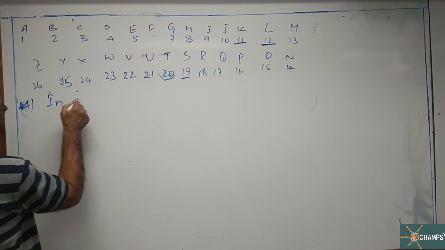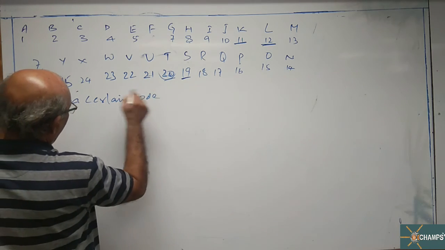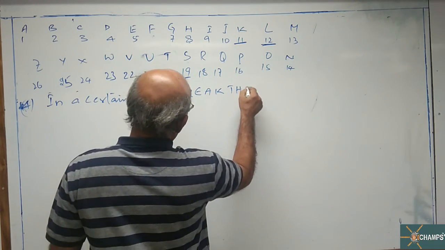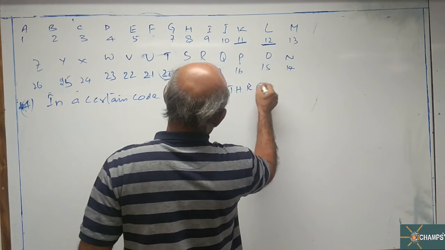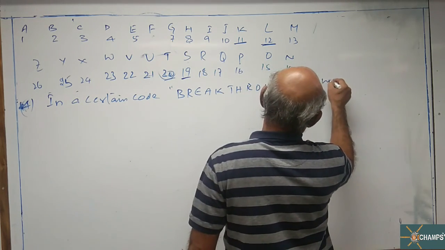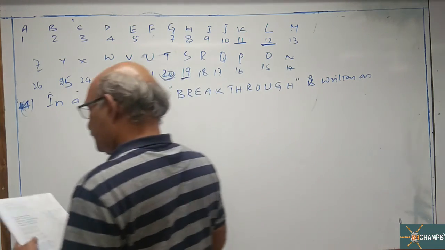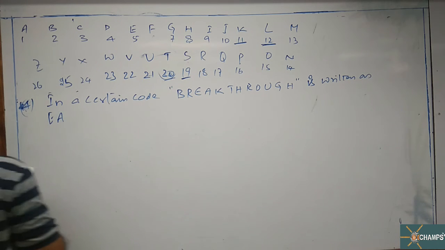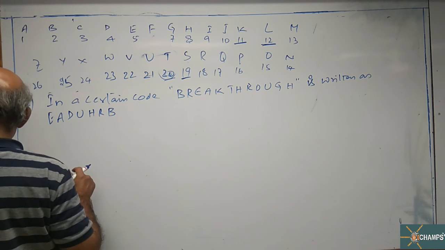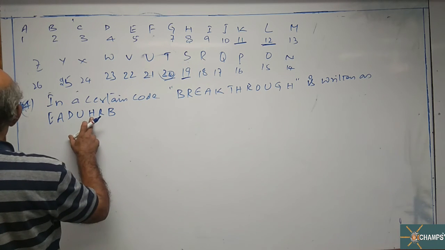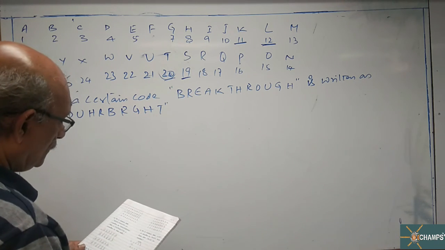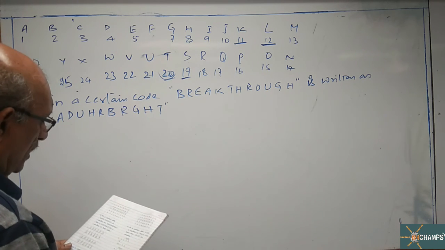In a certain code, breakthrough is written as EADUHRB or GHT.